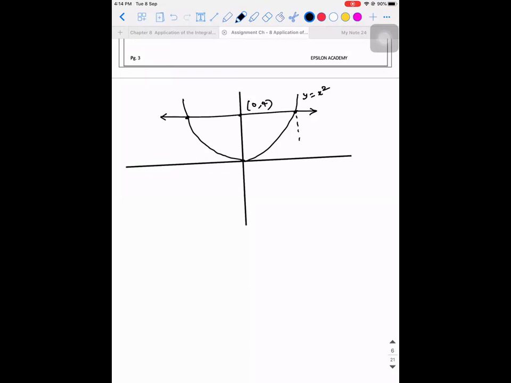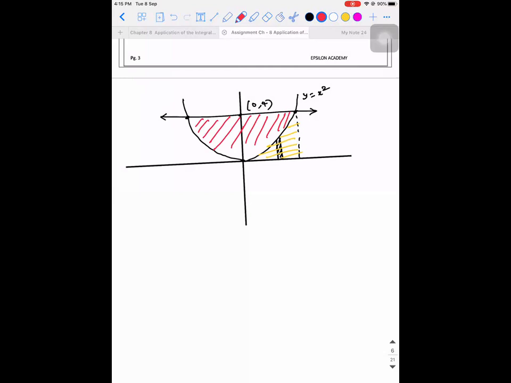If I drop a perpendicular from here, if I take with respect to the x-axis, I will get this yellow portion. So the yellow portion is the unwanted area for us. That's not what we need. Rather, we need the red region.